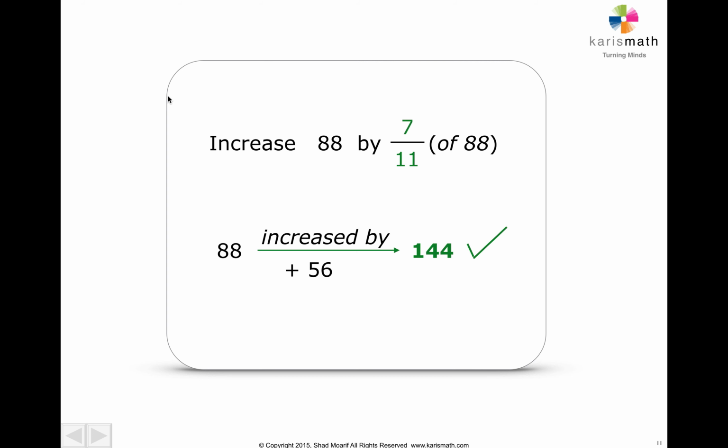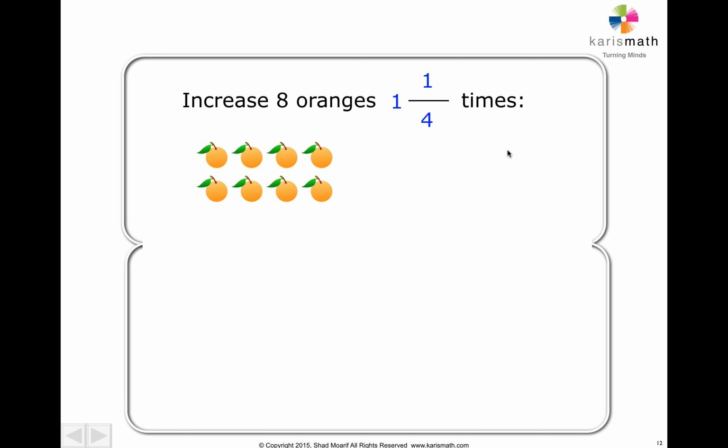So let's practice some more, like this one. Here's what you do if you want to increase 8 oranges 1¼ times, not just quarter times, but 1¼ times. All that means is that if you have 8 oranges, first you repeat it 1 time.